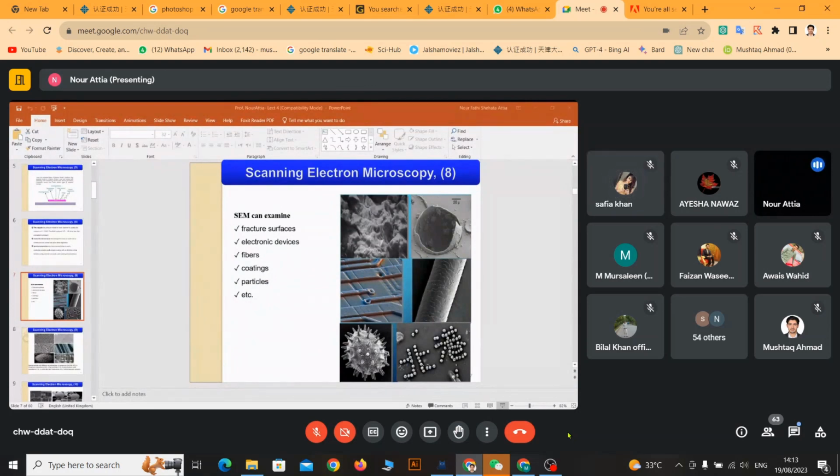Okay. So usually, a scanning electron microscope is used only on powder samples, not solution samples. If you have a solution sample and you want to measure it by scanning electron microscope because you don't have a TEM, then you have to make a film. Listen carefully.